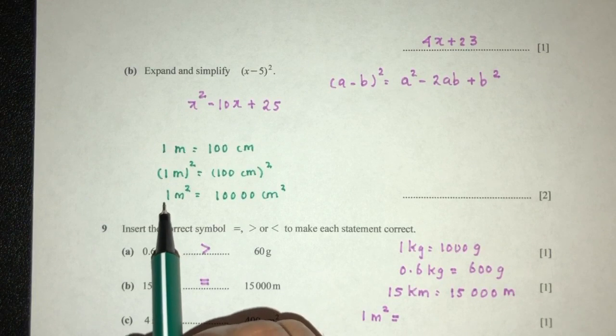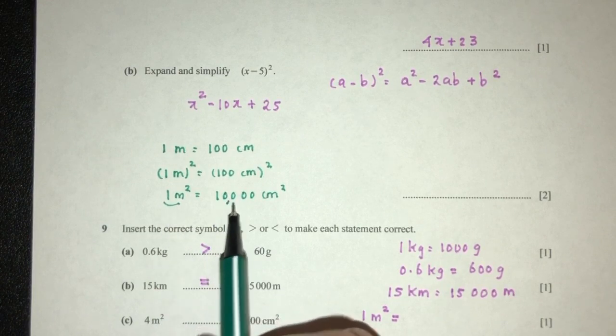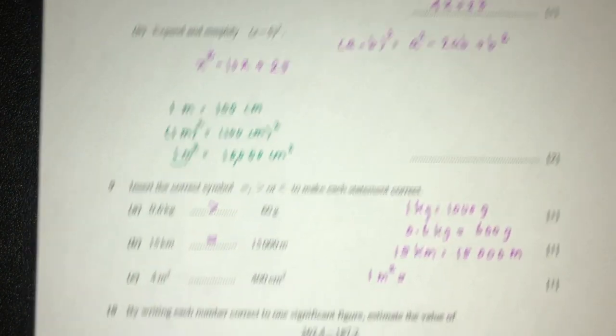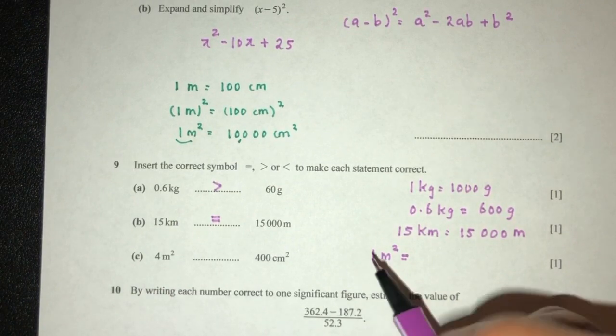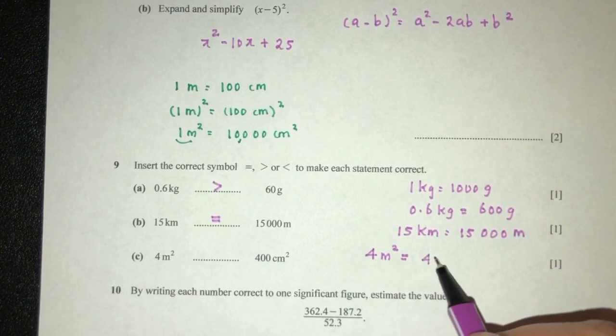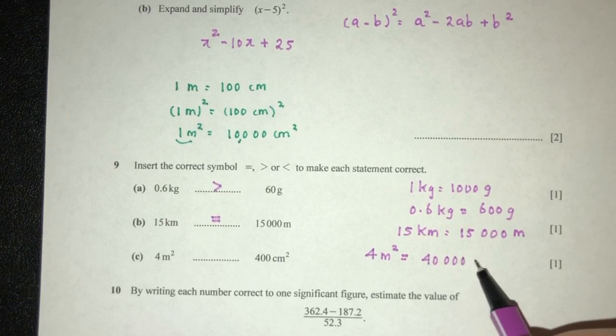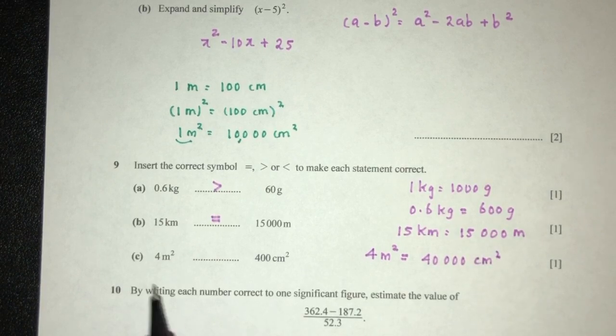So the idea is 1 meter squared is 10,000 centimeters squared. Here we have 4 meters squared, that will be 40,000 centimeters squared. So obviously this is more than this. That will be question number 9.